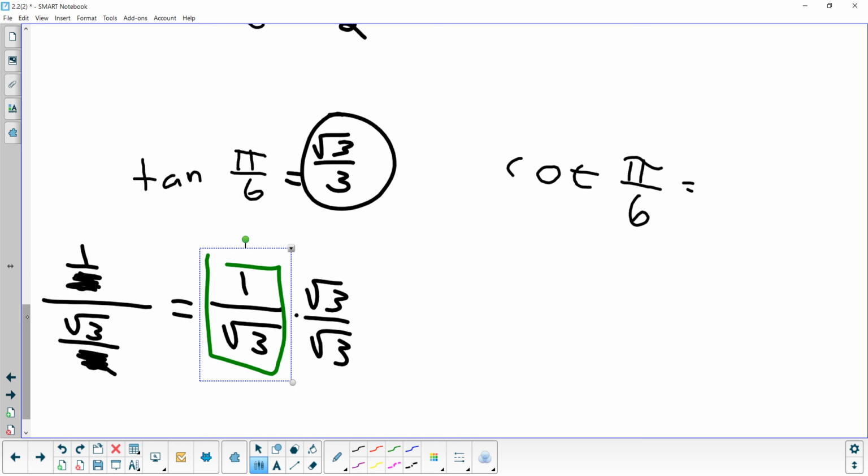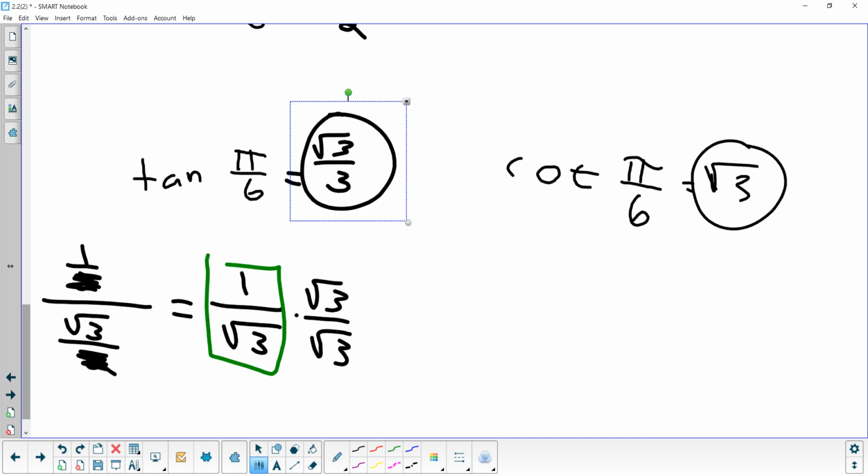Yeah, exactly. If you flip the one that's in the green box, which is exactly the same as what's in the black circle, the square root goes to the top, and you're done. If you flipped the one that I have the circle around, the square root would go back to the bottom, you'd have to fix it all over again, and you'd still get the same thing.